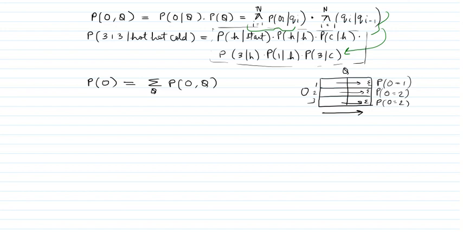So in this way we can factorize, and then we can write this as summation on Q, P of O comma Q is P of O given Q dot P of Q, right? This is P of O. Now let us expand for our example, P of 3, 1, 3, and we are assuming that this is given lambda.